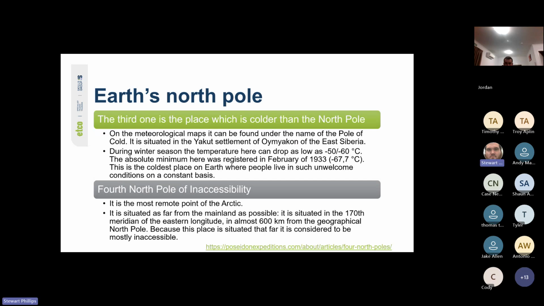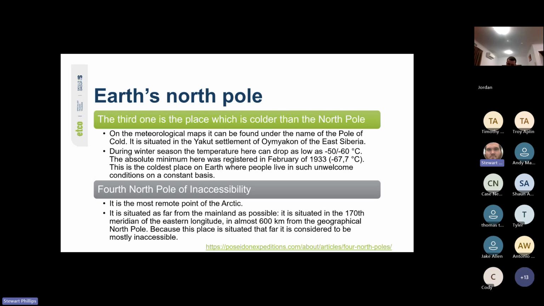During winter, the temperature here can drop as low as -50 or -60 degrees Celsius. The absolute minimum here was registered in 1993 at -67.7 degrees. Oh, that sounds cold. It's the coldest place on Earth where people live in such unwelcome conditions on a constant basis. Good luck to them. I would not live there.